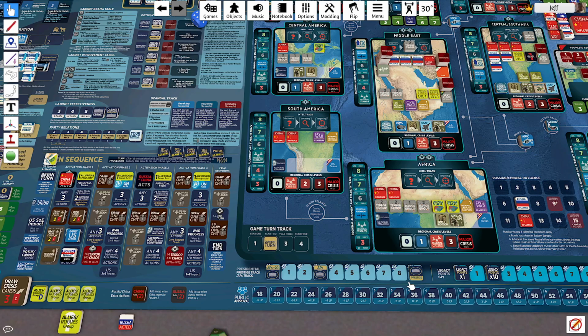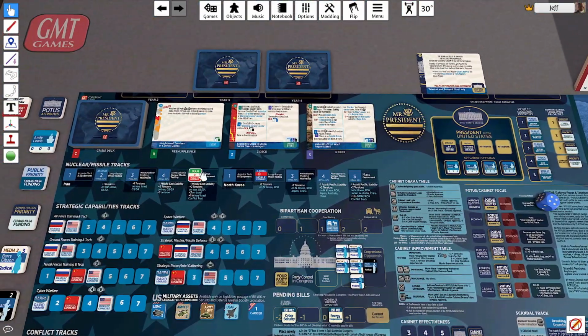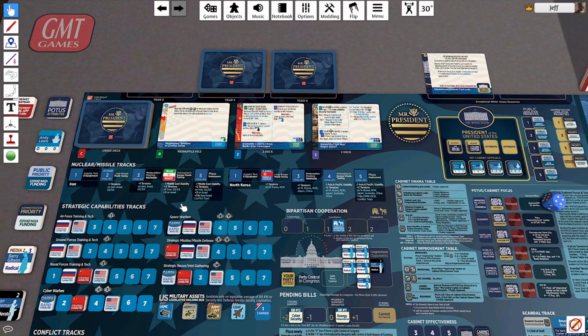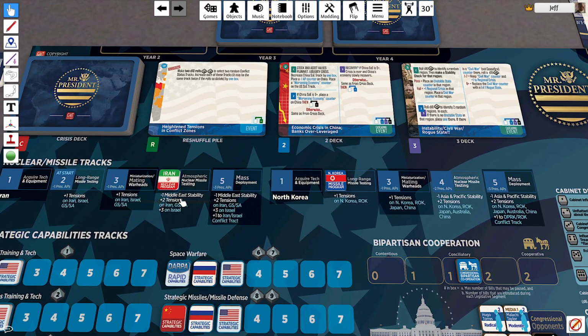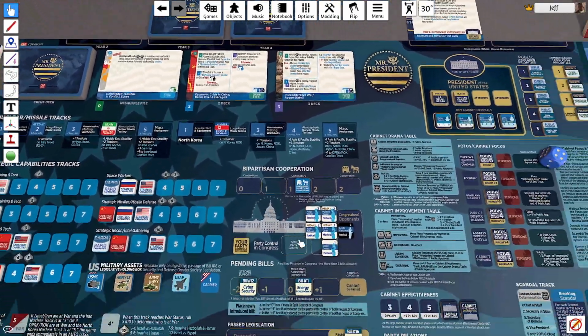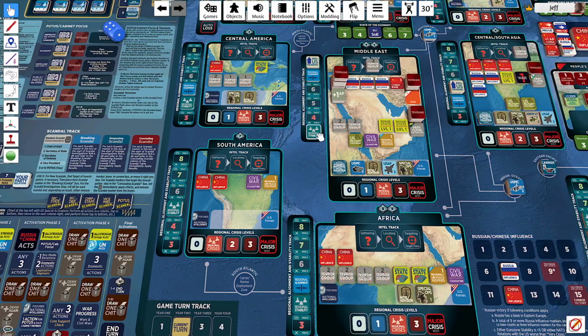Decrease the nuclear missile track by 1 box and -2 DRM to the roll, that's exactly what we wanted. We wanted to move them back to a 4. The Middle East stability, and it says to reduce or reverse everything here. So the stability goes back up.